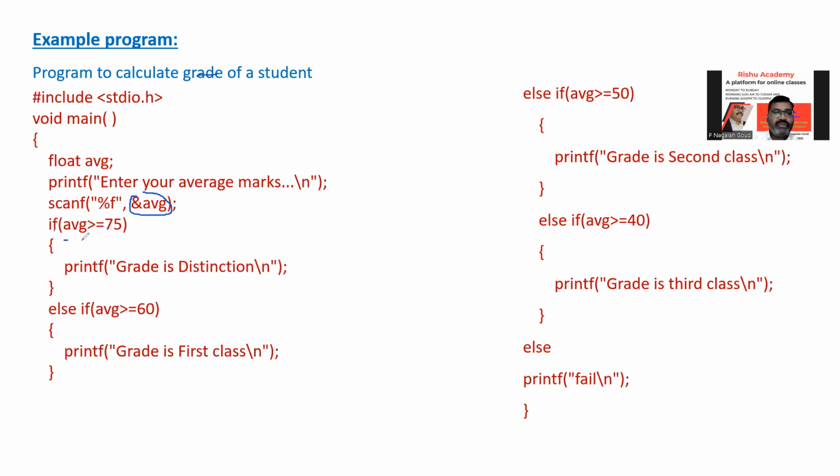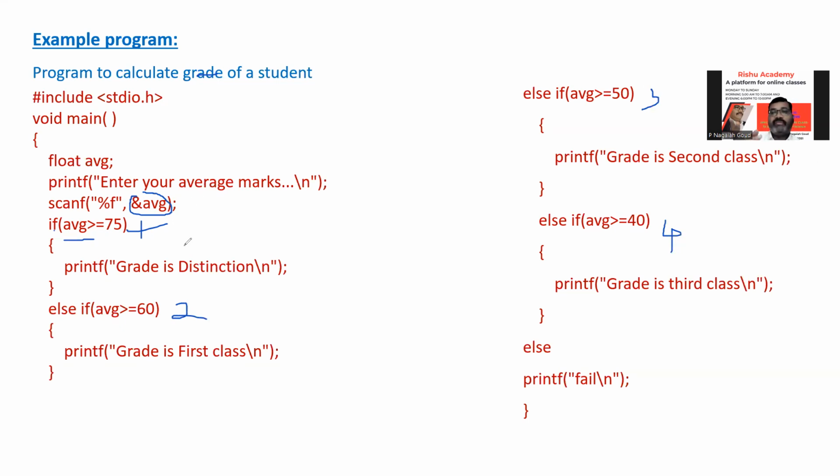Here I'm checking if your average marks are greater than 75. If so, immediately, this is the first condition. This is condition 1, this is condition 2, this is condition 3, this is condition 4. I gave 4 conditions, but one condition is true at a time.